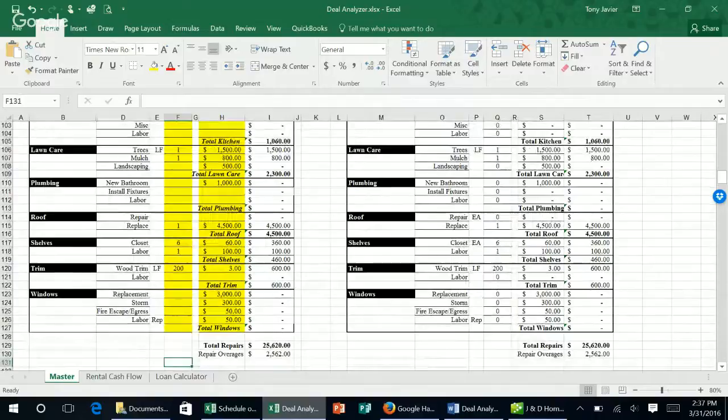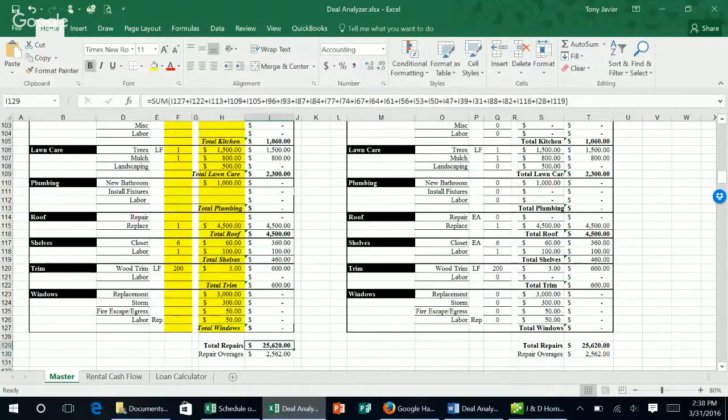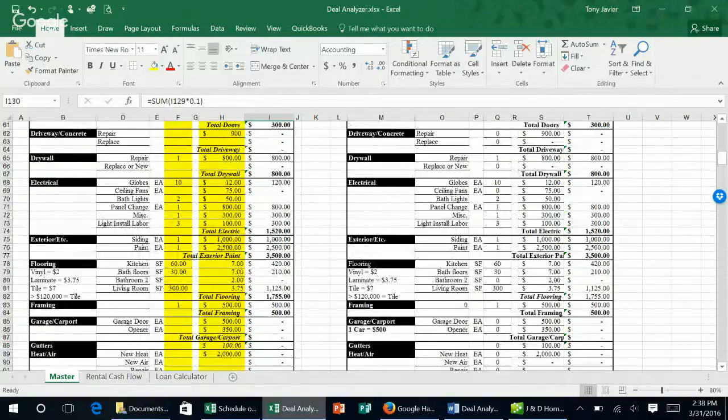So once you go through this full thing, and we've got a rehab walkthrough checklist as well that you'll walk through and take notes on, you can go back through here and punch all of your numbers in. It's going to estimate your total repairs plus your overages and populate them into here.